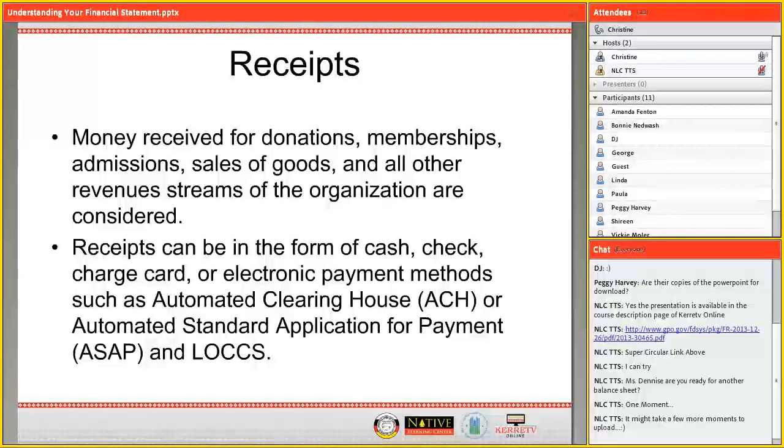Receipts can be in the form of cash, checks, credit cards, or electronic payments. Usually in housing, we see the locks. It's the cash that comes in. It may be revenue, it may not be revenue. That's the fun of accounting, but it is cash that has come into the organization.